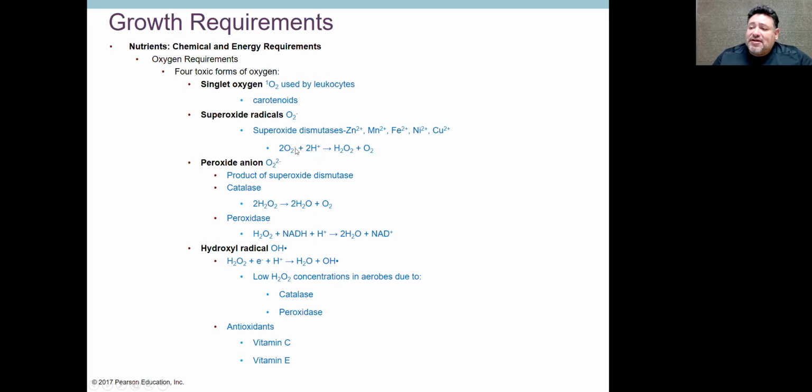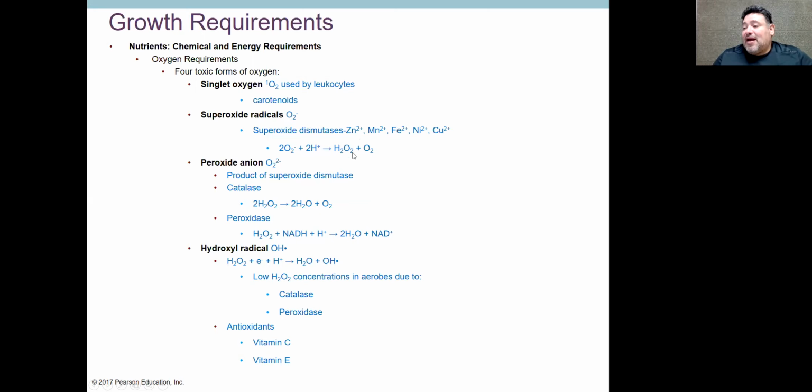How do we protect ourselves? Well, both bacteria and ourselves use superoxide dismutases. These are types of enzymes that use a metal core in their active site, zinc, manganese, iron, nickel, or copper, one of those. And what they do is they turn that superoxide, they combine it with protons, and they produce hydrogen peroxide, okay? Now, that seems like a good thing, except that hydrogen peroxide is actually worse.